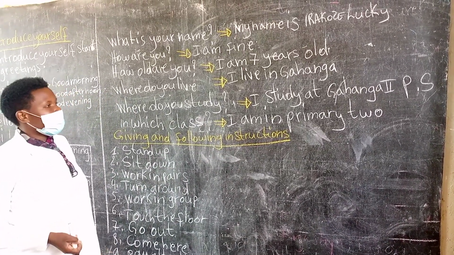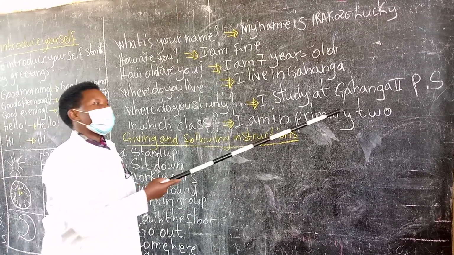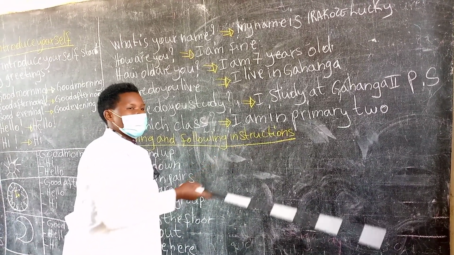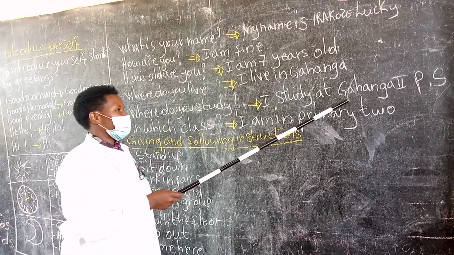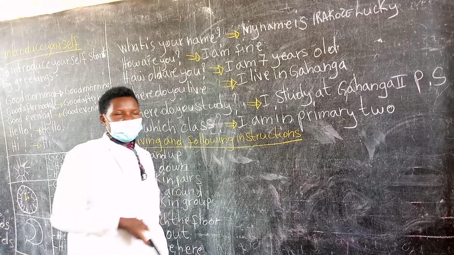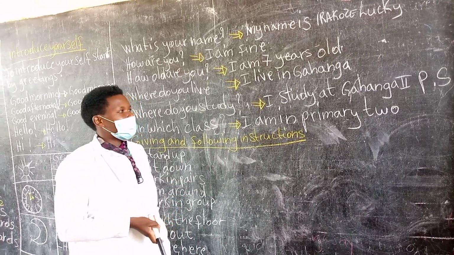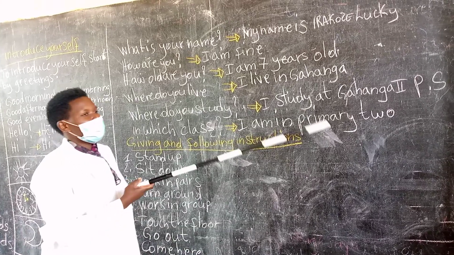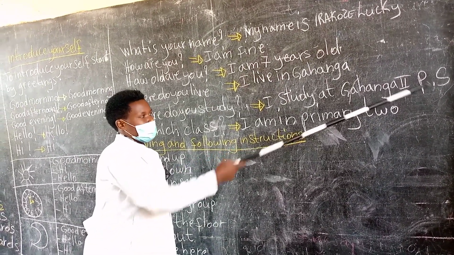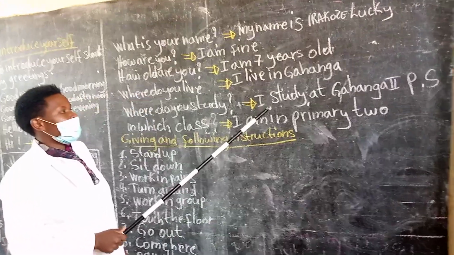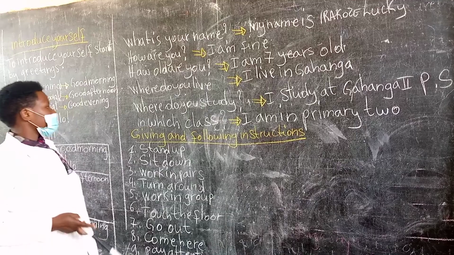Your learners are not in the same school. Gahanga Primary School can be changed. For example, it can be GS Kicukiro, it can be GS Gahanga 1, it can be GS Kalembe. Gahanga Primary School can be changed, but I study at stays the same.